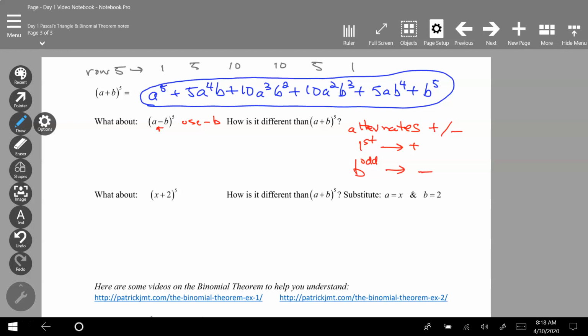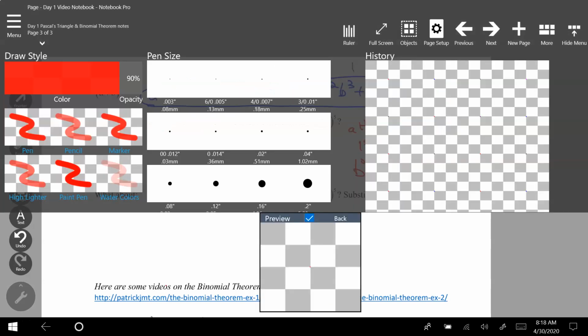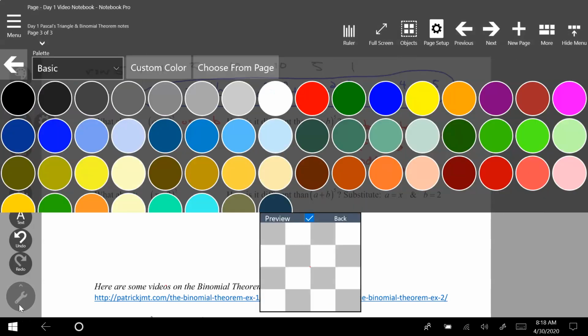So this one I did above, I'm going to do exactly the same thing, except I'm going to go every other term. I'm going to go positive, negative, starting with the first term, a to the 5th being positive, not the second term. Use purple.